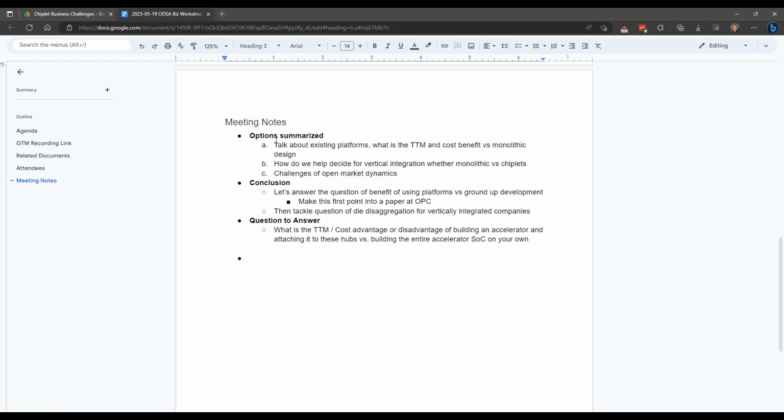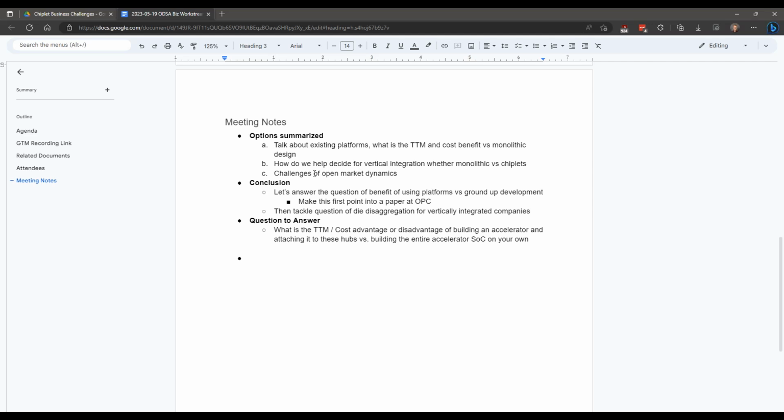So the options that we talked about last time, just as things that are all of value, and different people had different priorities, was to talk through the existing platforms and understand the time to market and cost benefits of using either the SmartNIC platform or the platform that was presented from Samsung and Fraunhofer, and compare that to a monolithic design.